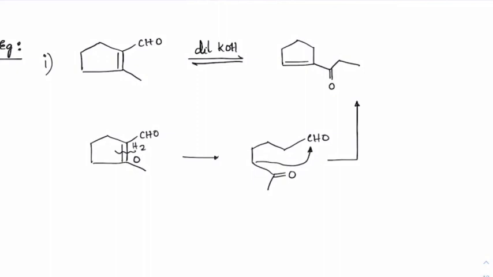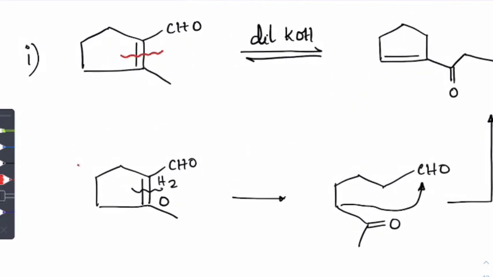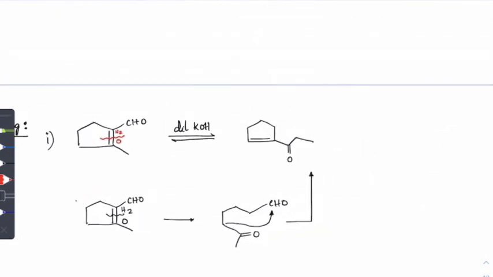If you find a double bond, just break this double bond, and on the CHO side where there is an aldehyde already present, just add 2 hydrogens to that, and where you broke the double bond, add double bond O to that. That's an easy way to understand.